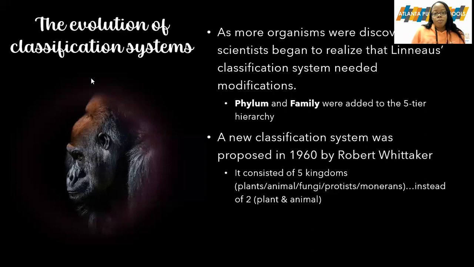So with that belief, that is where phylum and family came into play. So that 5-tier hierarchy that I just got done sharing with you all, kingdom, class, order, genus, species, phylum and family were added into that. And that was done by Robert Whittaker.